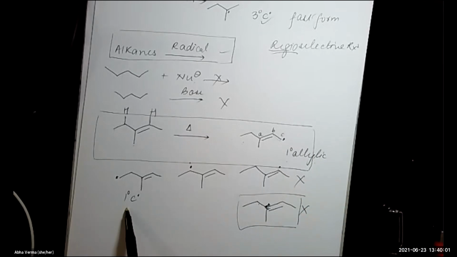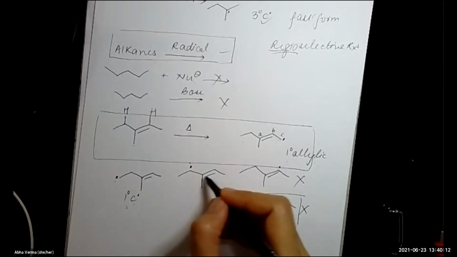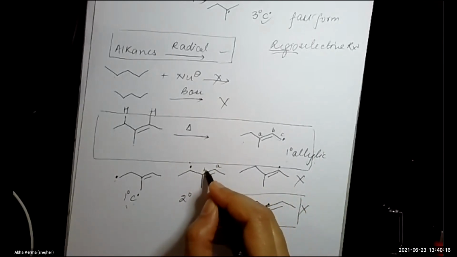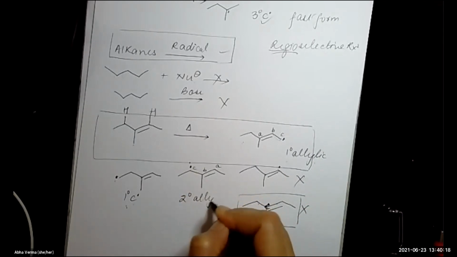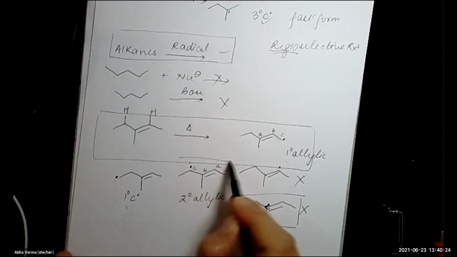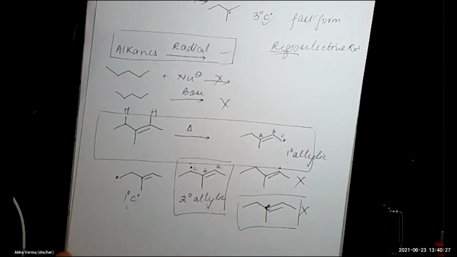More stable than the primary radical. If there is no other carbon, this will be the go-to radical that would form. But look at this. This is a secondary allylic system. Okay, so this will be your major product.